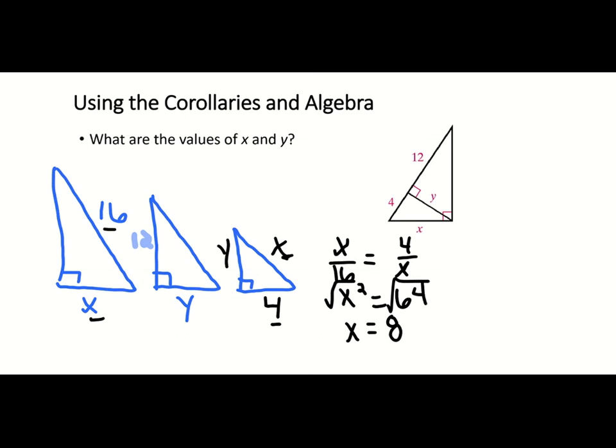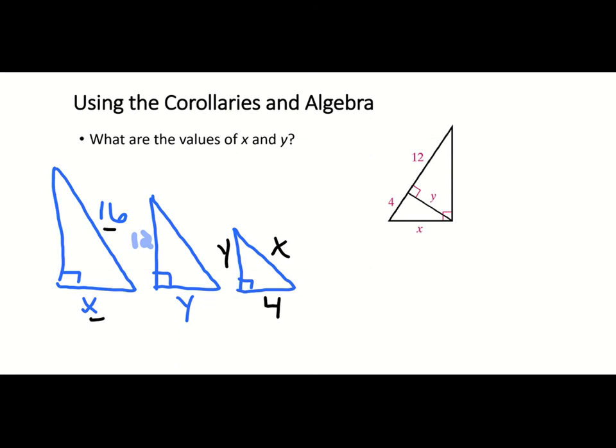And now we need to find y. So to find y, we're going to go to the middle triangle, and we know we have long leg to short leg. So when I write my proportion, I'm going to do 12 over y equals, and then I go to the other triangle, the small one, and we're going to do long leg over short leg.